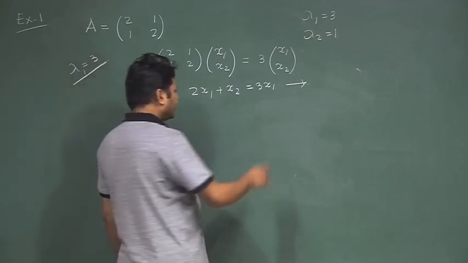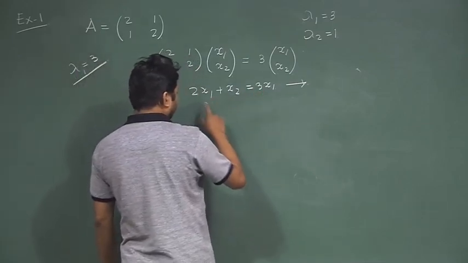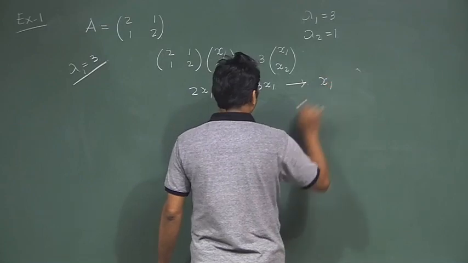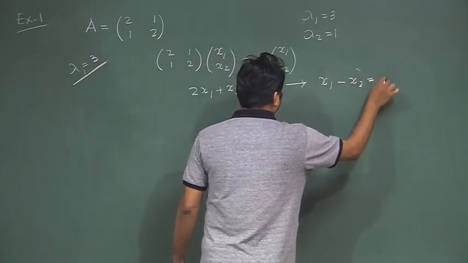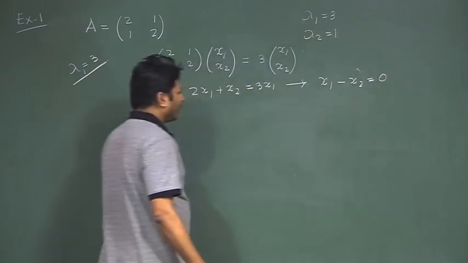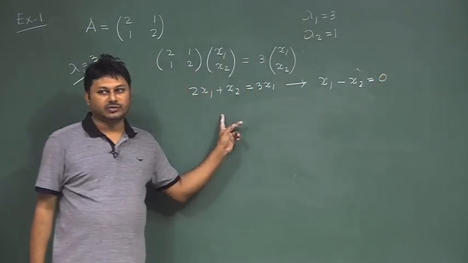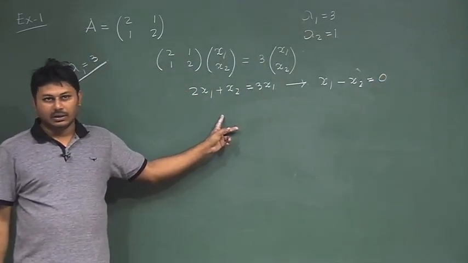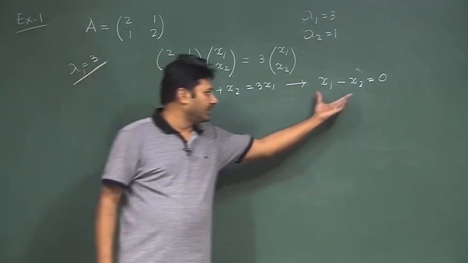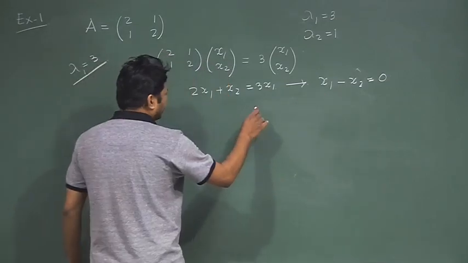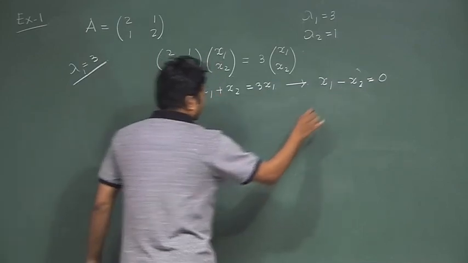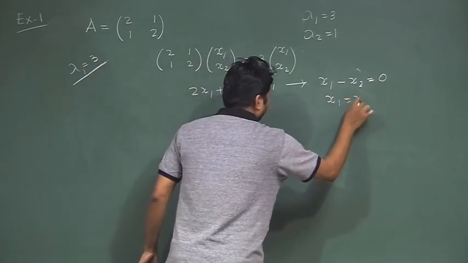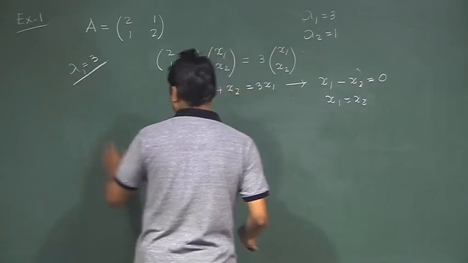So what is the relationship? If I bring it to this side, x1 minus x2 is equal to 0, or x1 is equal to x2. So I can make an eigenvector.